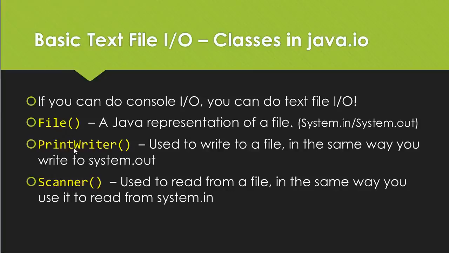PrintWriter is used to output to a file the same way you write to System.out. And for input, we'll continue to use Scanner, which tends to be the most flexible class for doing input from a text file. This will work the exact same way as you know Scanner already. Instead of using System.in, we'll use an object of type File when we create our Scanner object.